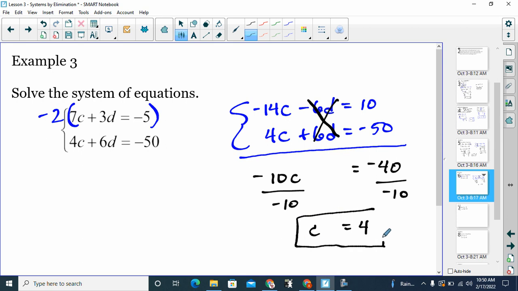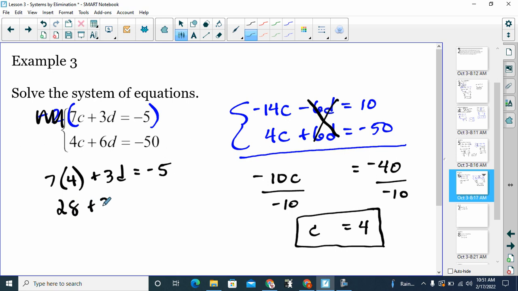Once I have c equals 4, I go back to either one of the original equations, doesn't matter which one. Plug in 4 for your c and solve for d. I'm going to plug into the top equation. I'm putting 4 in for my c. 7 times 4 for c plus 3d equals -5. Seven times 4 is 28.